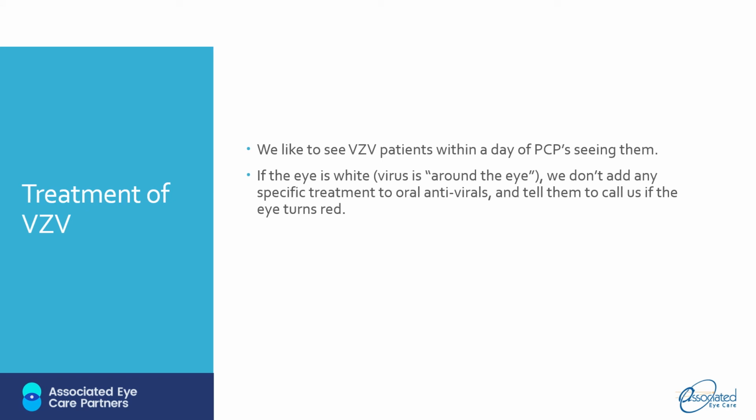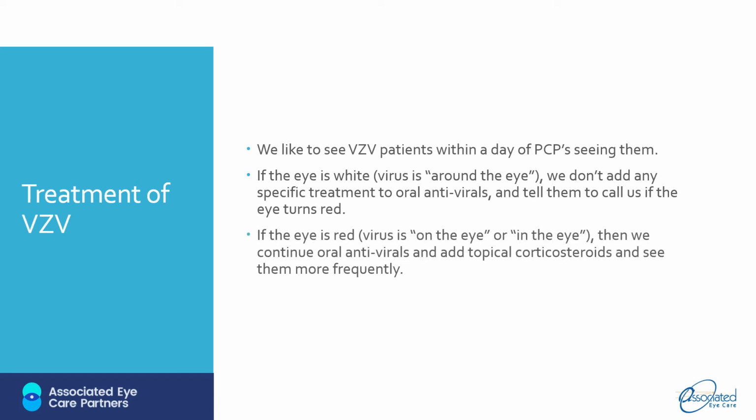If the eye is white, we typically don't do anything more than you've probably already done in your office, which is put them on oral antivirals. And we either say, come see us if your eye turns red, or come see us in a few days, depending on how they look to us and the preference of different eye doctors.